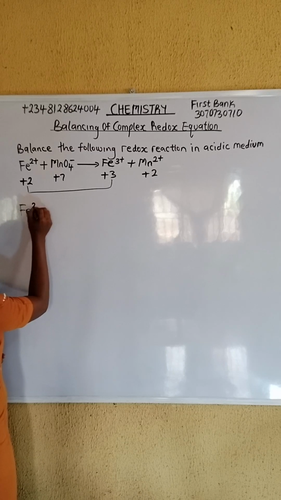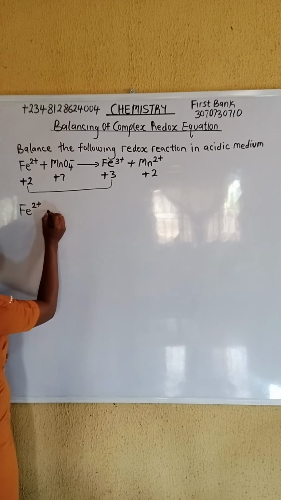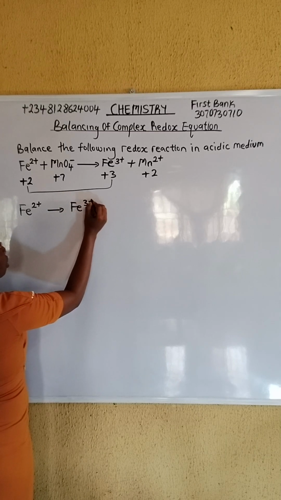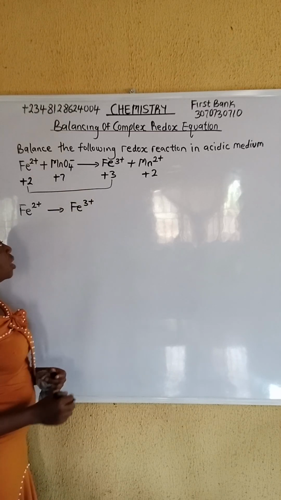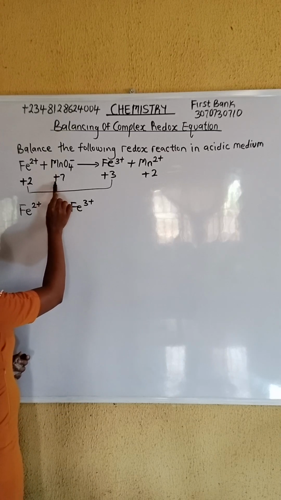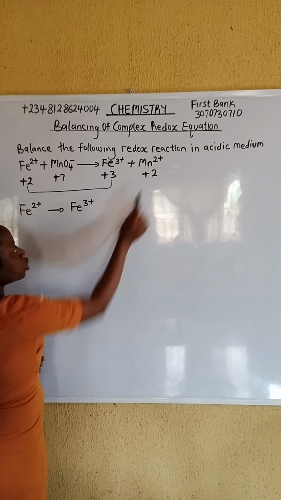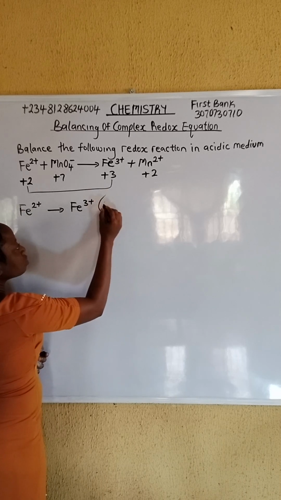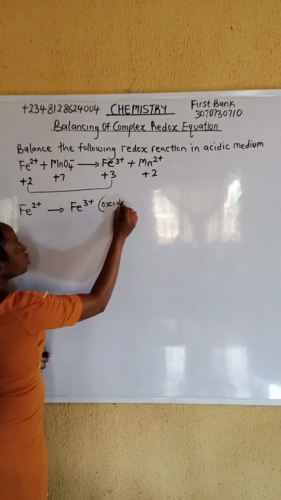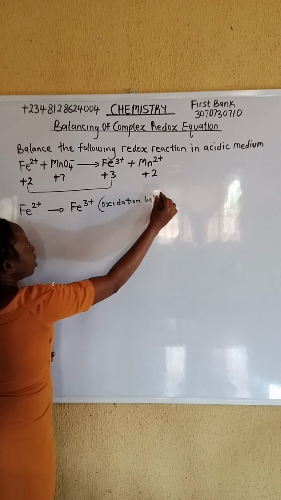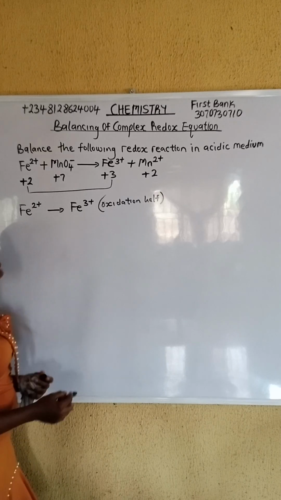That is Fe2+ giving Fe3+. This one is the oxidation half.